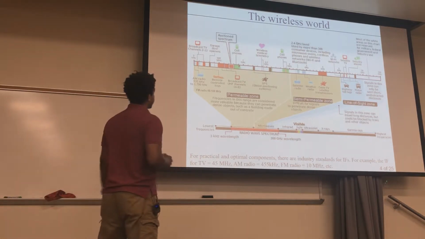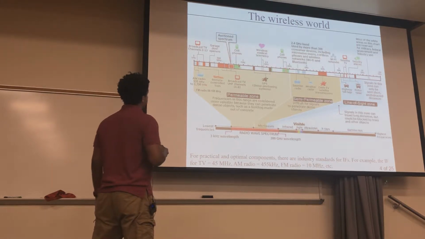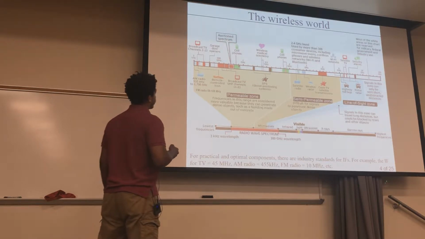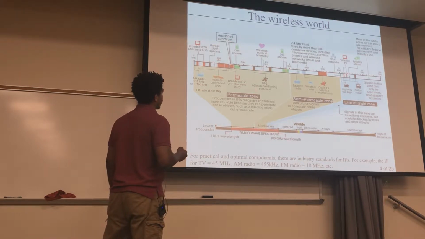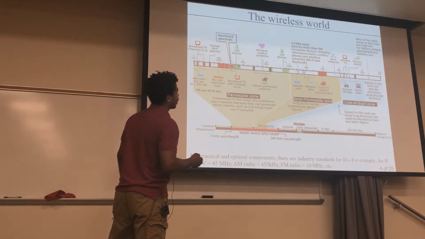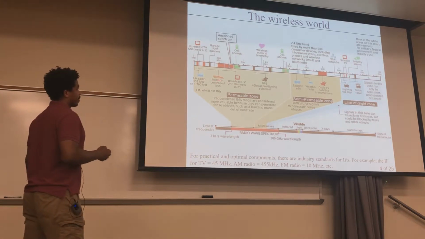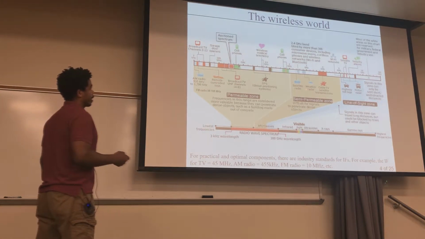But you can see the types of zones for every single type of signal: the AM radio, remote control toys, broadcast, GPS, satellite, weather, cable TV, highway, police radar, things like that. So there are many different kinds of signals.